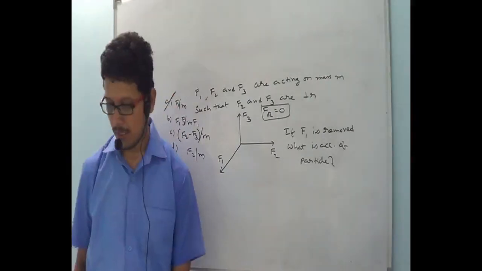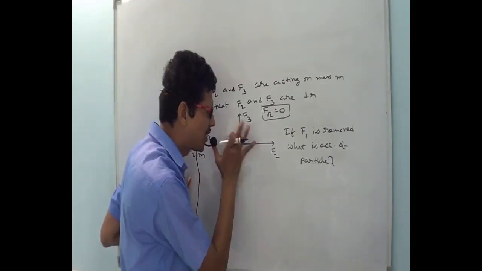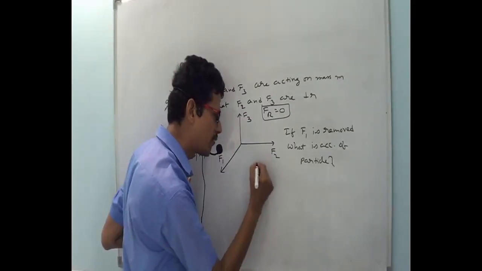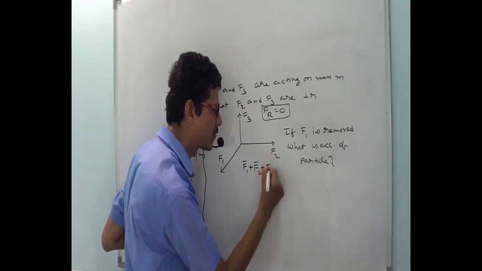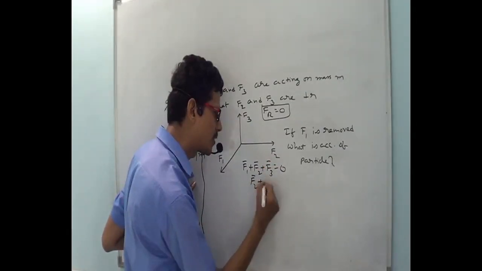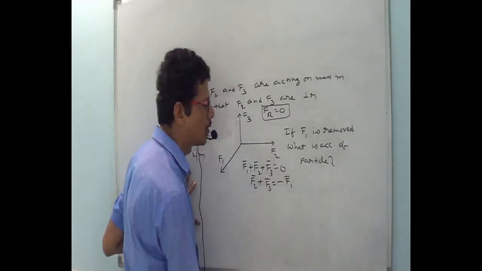Why is the first option correct? Because the resultant of these two should be exactly cancelled by F1. I can write F1 bar plus F2 bar plus F3 bar is equal to 0. Then F2 bar plus F3 bar is equal to minus F1 bar.